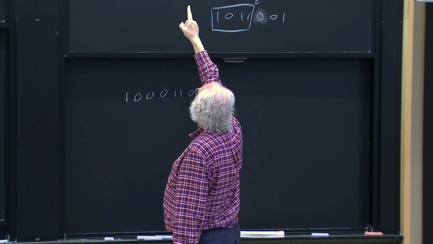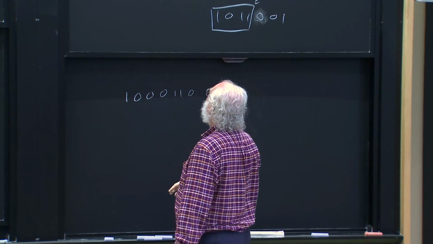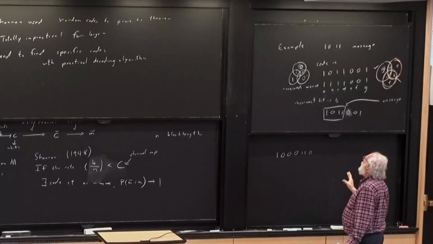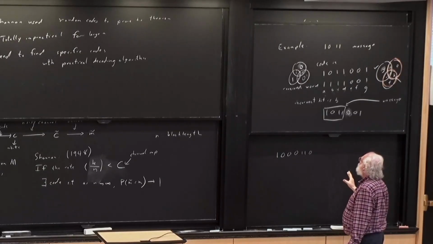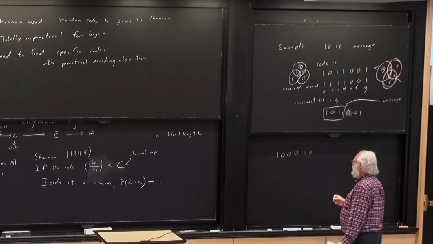So when you put these bits in the Venn diagram, assuming I've done this right, they will satisfy the parity checks.